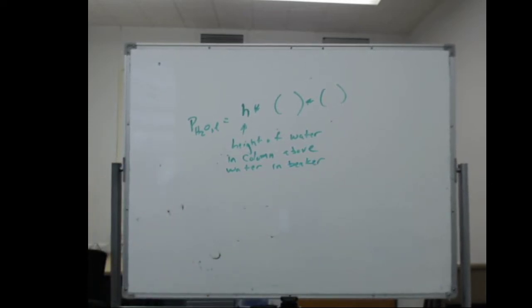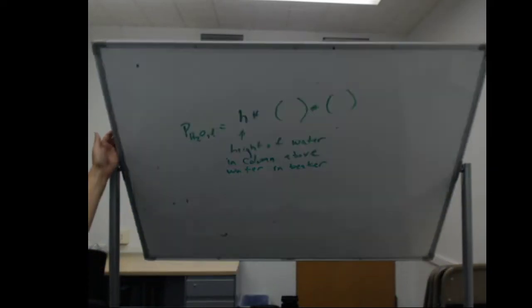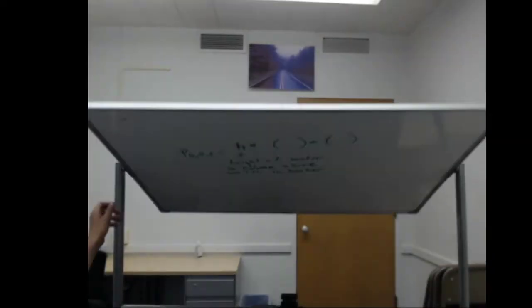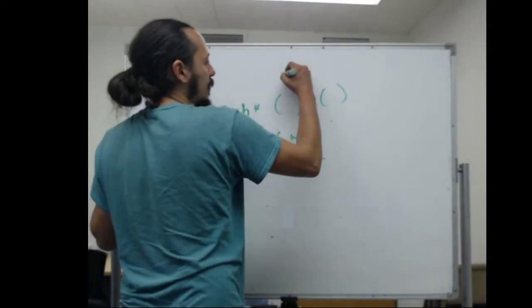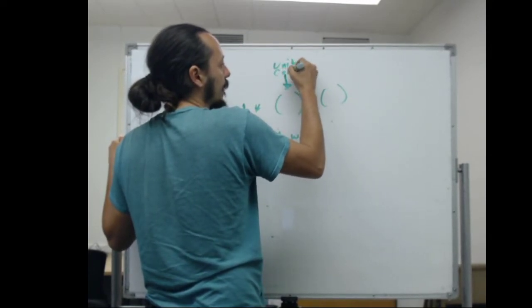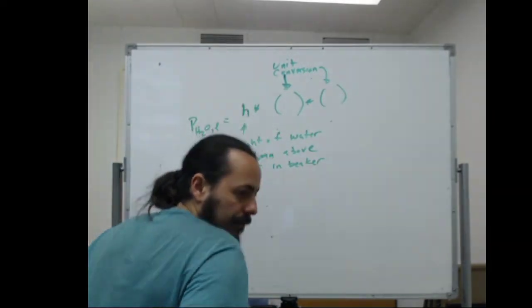And that's where we're going to measure the height of the water in the column above the water in the beaker. So essentially, how much extra water is still in our column. These two things, the other two things in parentheses, are both for unit conversion.